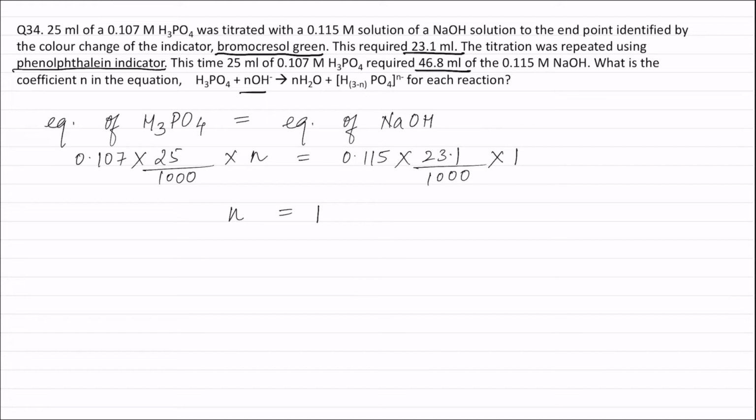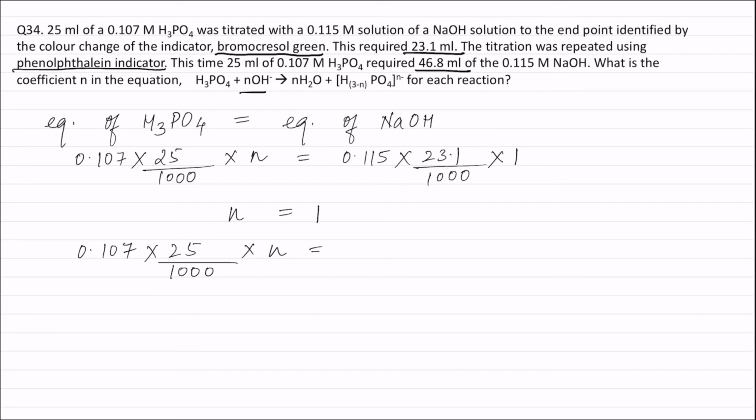Similarly, when the titration was repeated using phenolphthalein indicator, equivalence of H3PO4 is equal to equivalence of NaOH, and equivalence of H3PO4 will be equal to 0.107 into 25 by 1000 into n, where 0.107 is the molarity of H3PO4, 25 by 1000 liters is the volume of H3PO4 and n is the valency factor of H3PO4.